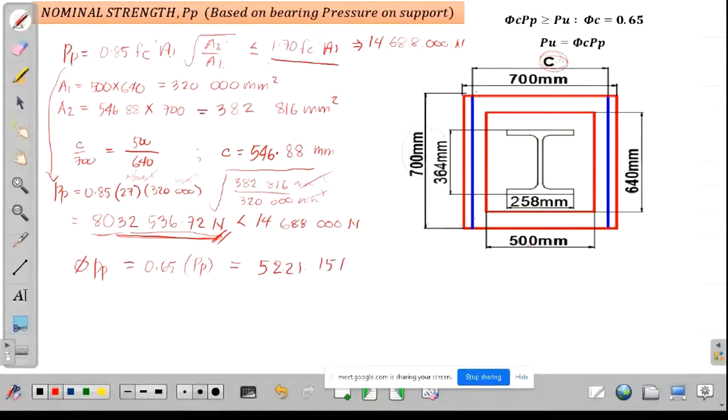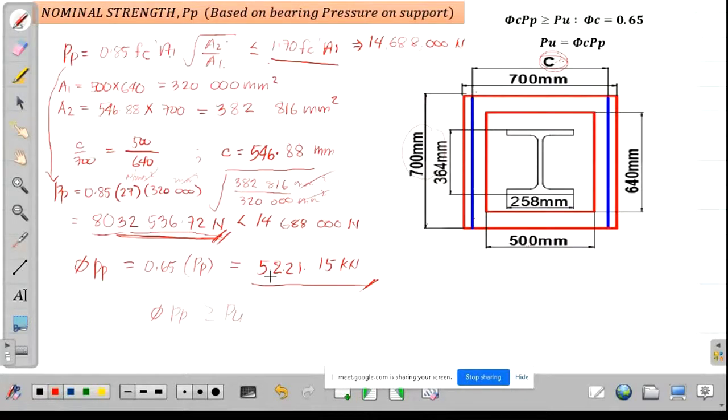5221.15 kilos. So that is our design strength based on the bearing pressure. If I add the question, what is the ultimate load, we know that PP is greater than or equal to PU.